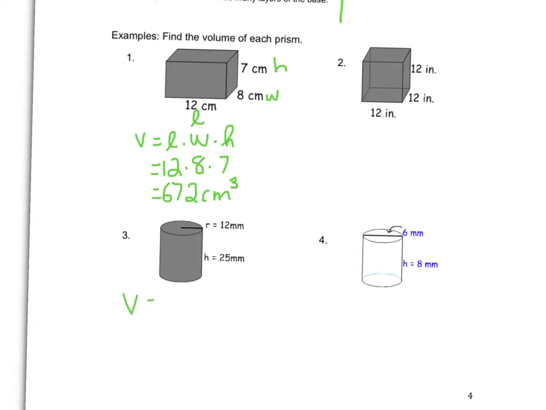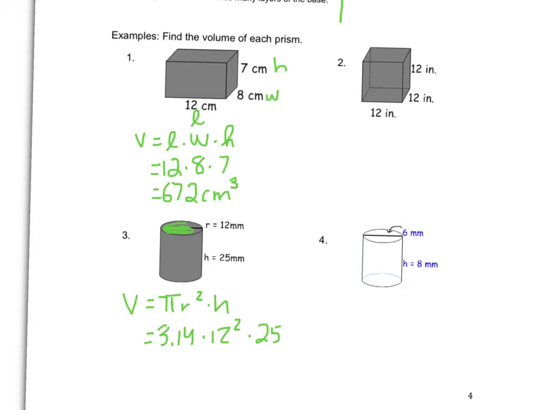The volume of a cylinder is pi times radius squared, because that's the area of the circle at the top, times the height. So we have 3.14 times our radius, which is 12, and we square the radius, and then multiply it times our height of 25.